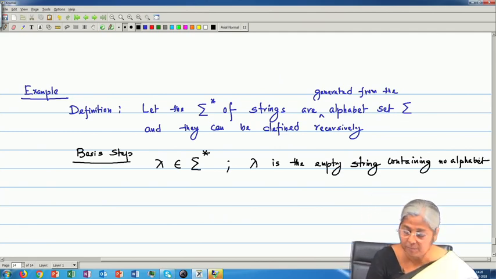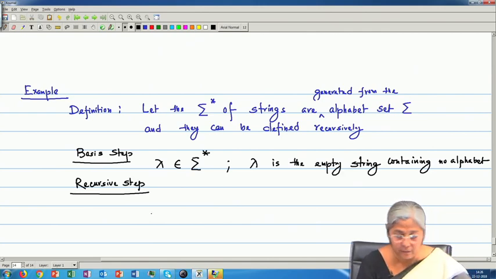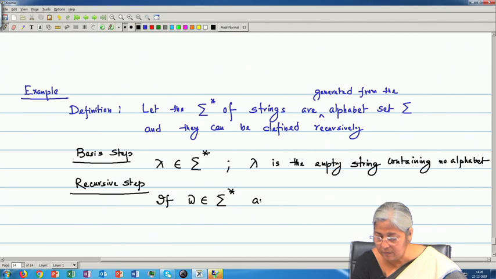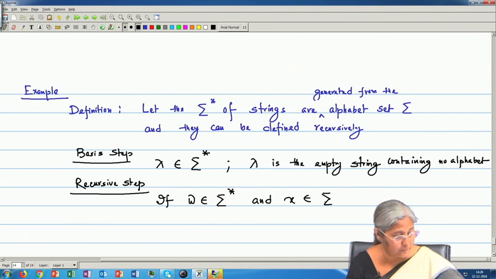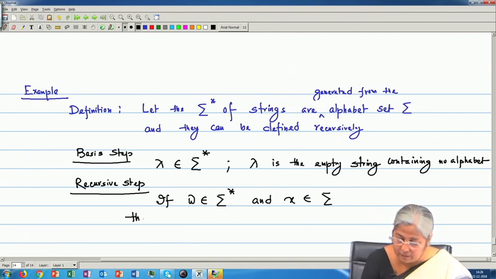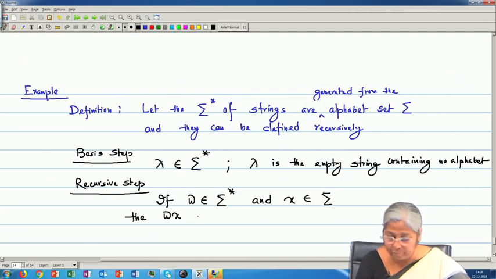Okay. What will be my recursive step? See, if W belongs to sigma star and x is an alphabet, that means x belongs to my alphabet set, then a new string can be generated as Wx, which belongs to sigma star.